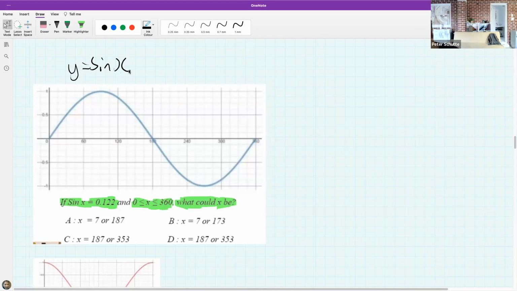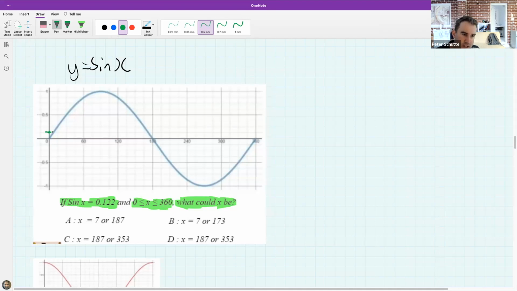So Dawn, in this case, it's not a general solution. It could become one, but it's only a specific solution in the range 0 to 360. But that's not really what they want you to do. What they want you to do is look at the graph. So you could use your general solution method, but think about what sine of x equals 0.122. I'm going to say that 0.12 is going to be on the y-axis about here.